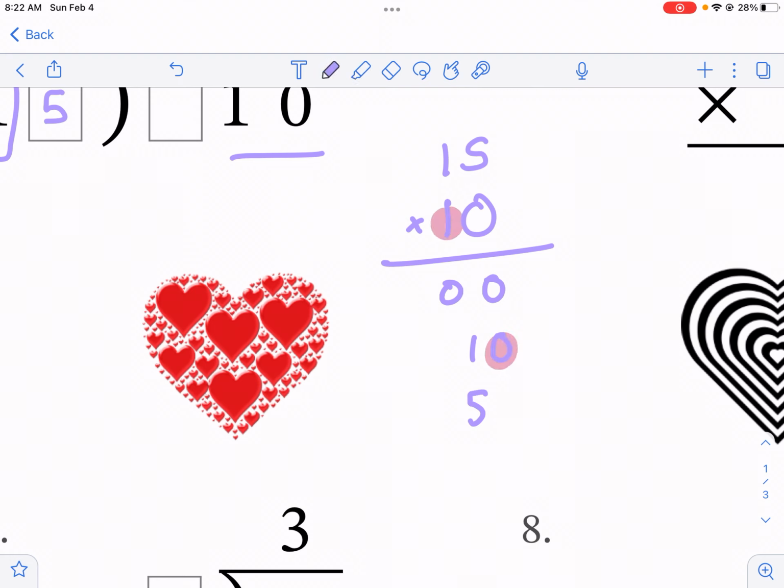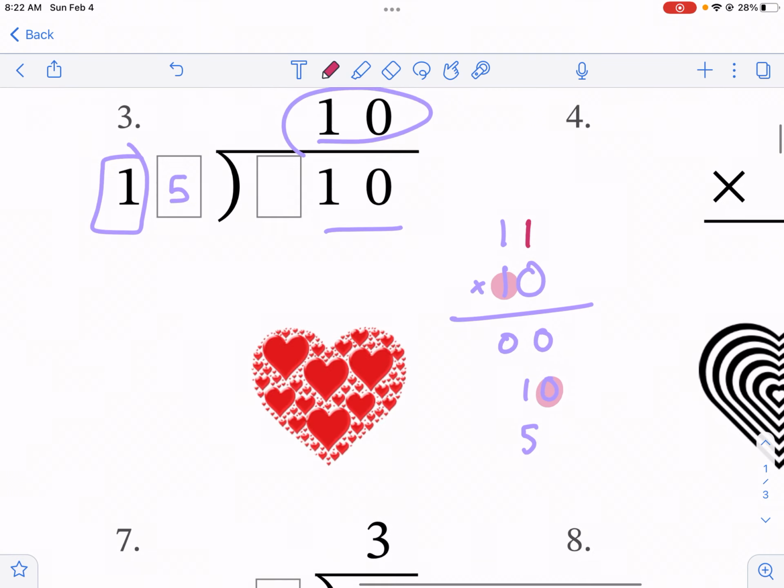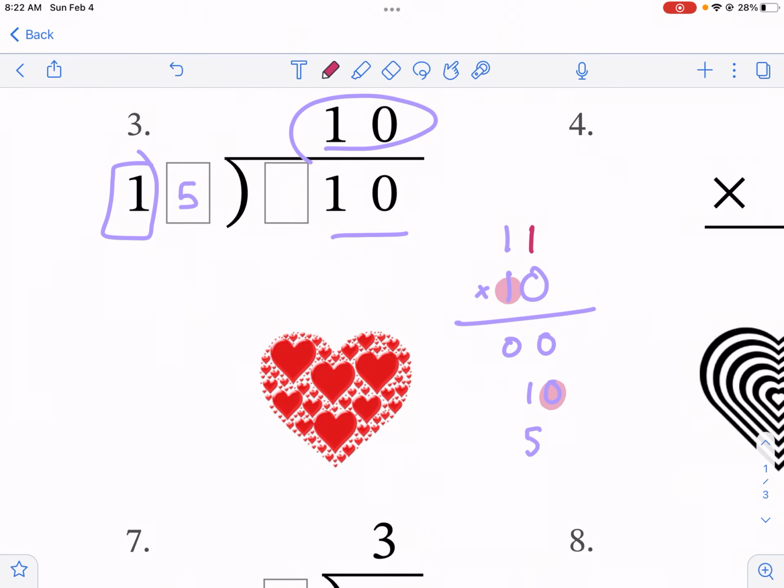But then I do the 1 times a 5, I should get 5, not a 1. So I need to multiply something that's got a 1 there. So I know this number needs to be a 1, not a 5. And then it needs to be 3 digits, so I can't go up any higher with this. I can't have another digit right there. So I know that this number needs to be an 11.